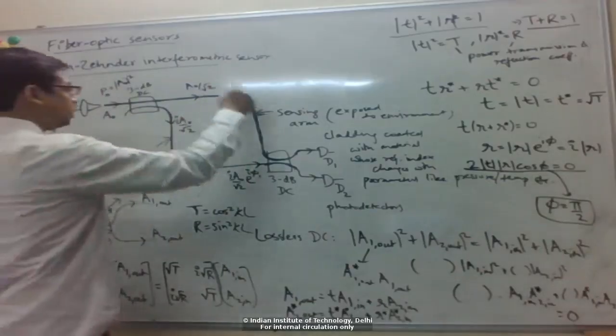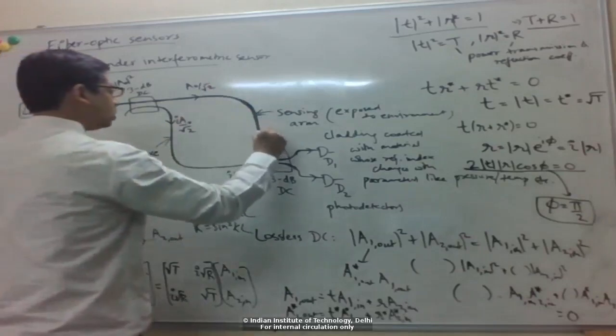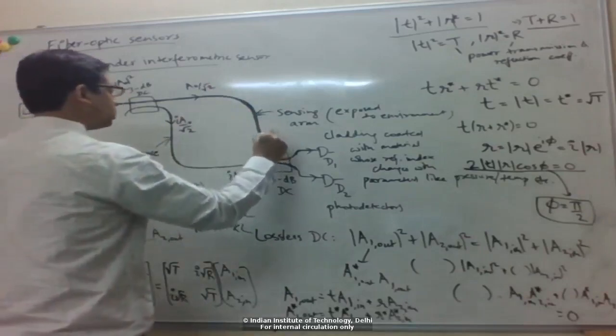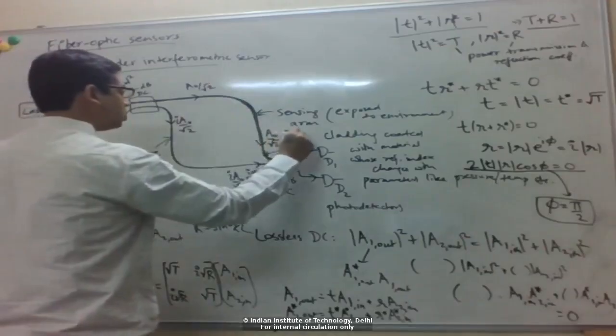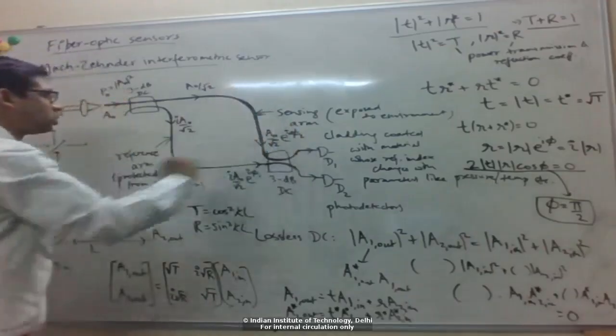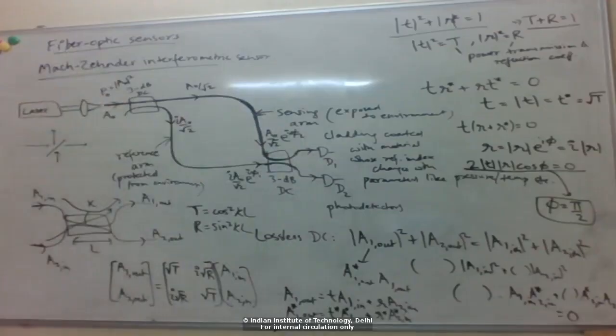Similarly, through the sensing arm, this becomes A naught by square root of 2 times e to the i phi 2, where phi 2 is the phase through the sensing arm.